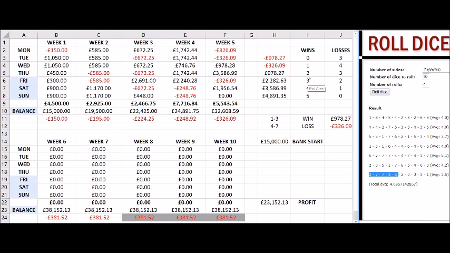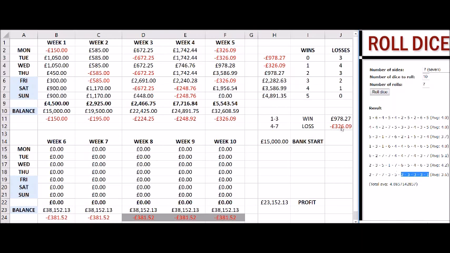So we're at 978.27 so far. And then we had one of those premium hand days where we hit a hot streak of 3, 4, 5 wins, 5 wins on the trot.